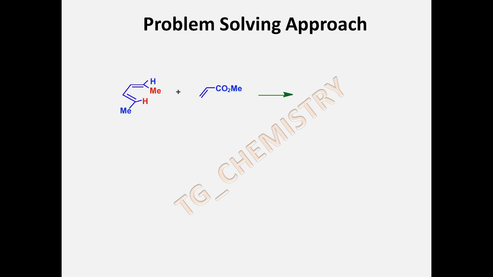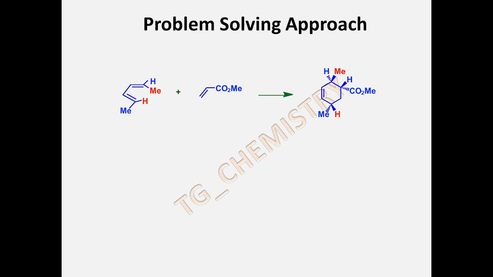For example, here we have a 1,4 disubstituted diene and a dienophile containing an electron withdrawing group. In that case, the probable product, according to our understanding from the previous video, depends on whether the substituents of the diene are outside or inside.